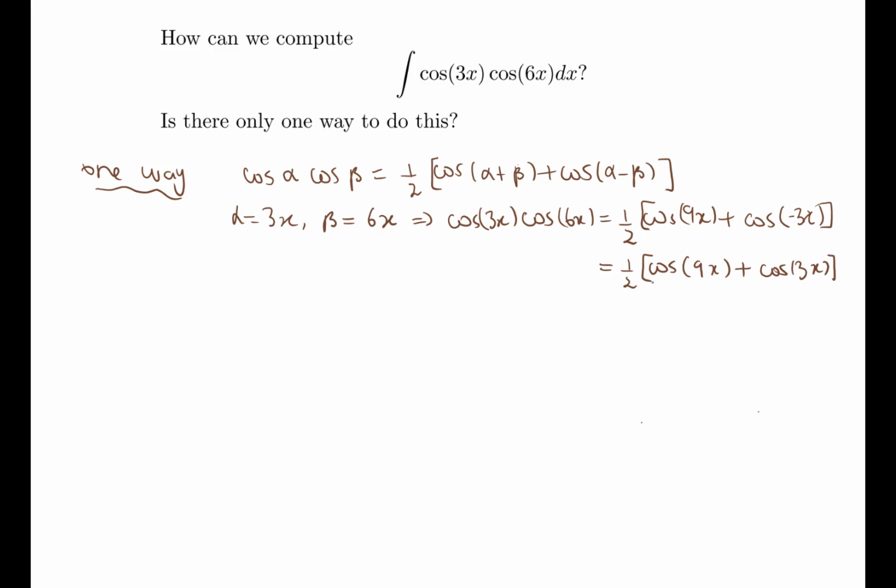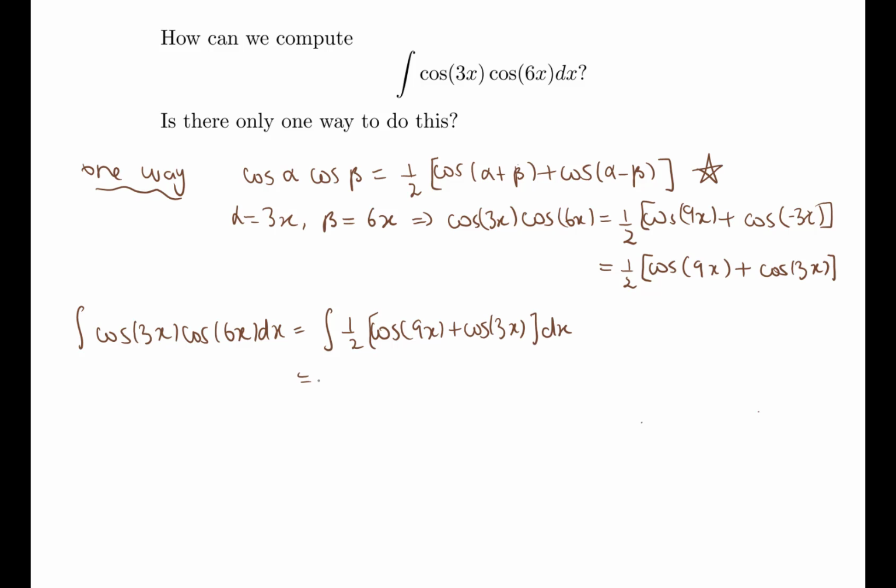Okay, so we have the integral of cosine of 3x times the cosine of 6x. By using this trigonometric identity, we can reduce this integral to finding the integral of a half of a cosine of 9x plus a cosine of 3x. And then we know that we can pull constants out of integrals.